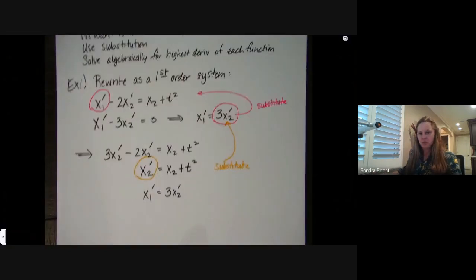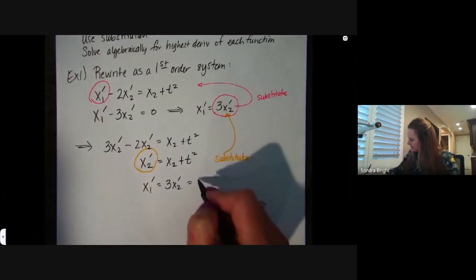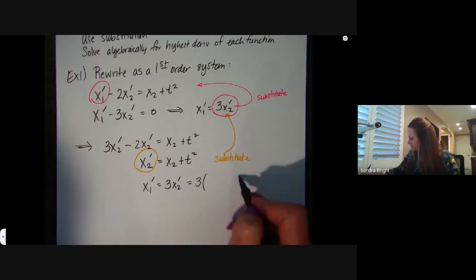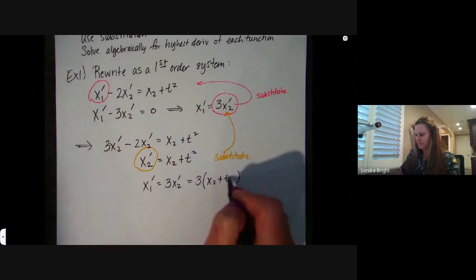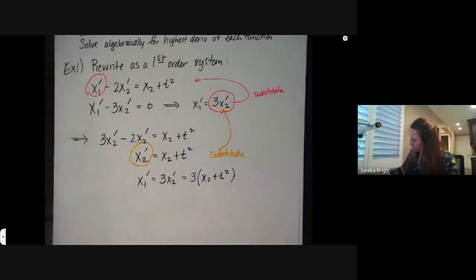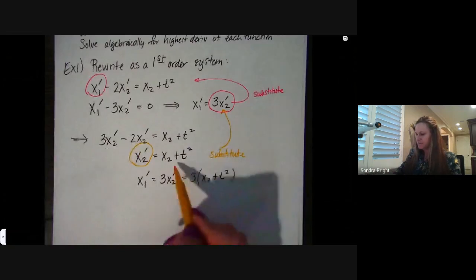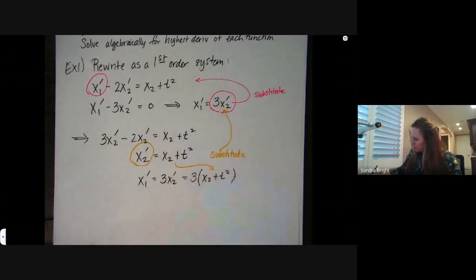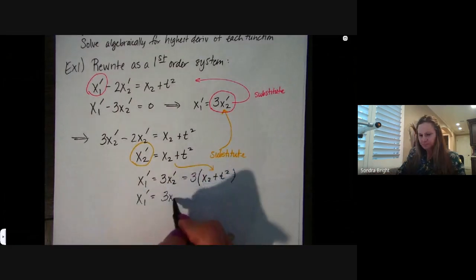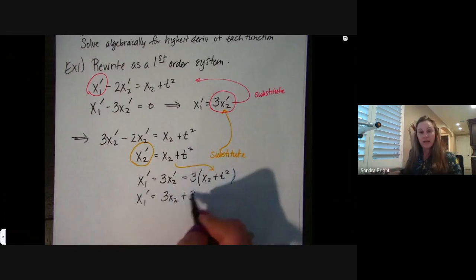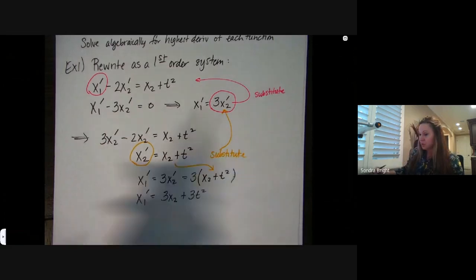But then that means it's 3 times, and I'm substituting x2 plus t squared in there. That's where I substituted. And then that means x1 prime is equal to 3x2 plus 3t squared.